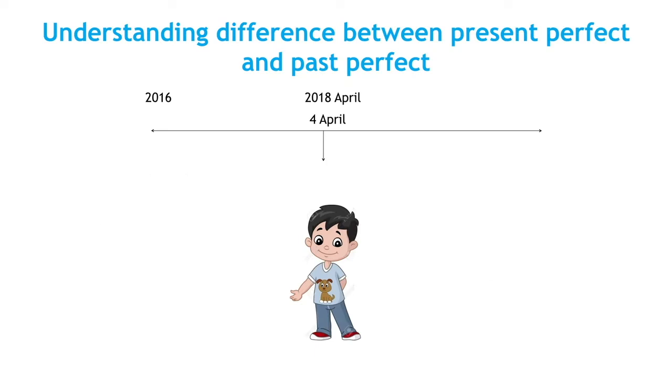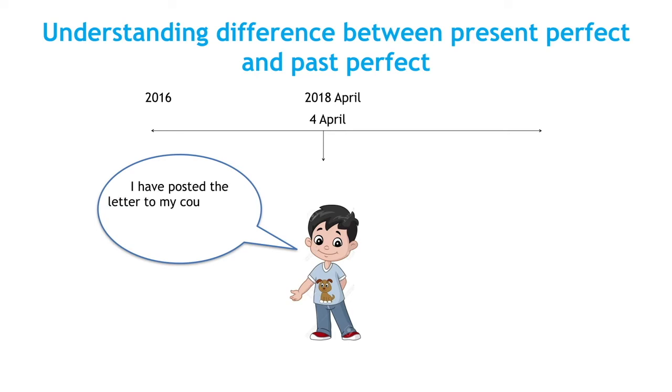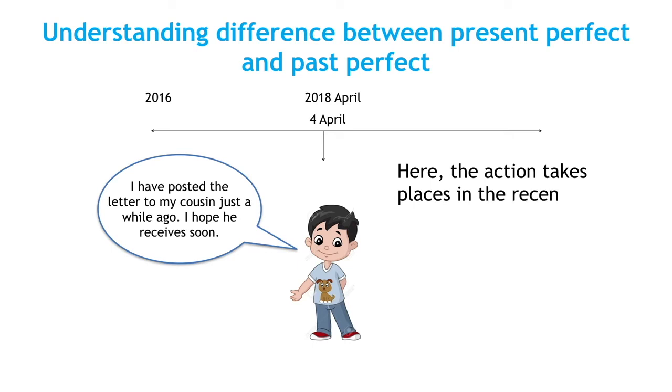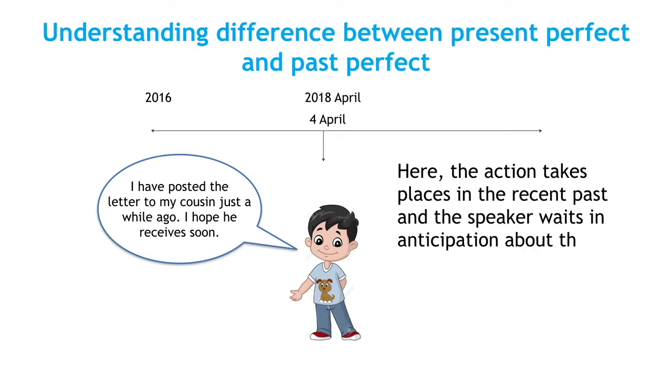How do we understand the difference between present perfect and past perfect? Sri Sol on 4th April 2018 says, "I have posted the letter to my cousin just a while ago. I hope he receives soon." Here, the action takes place in the recent past and the speaker waits in anticipation about the posted letter.